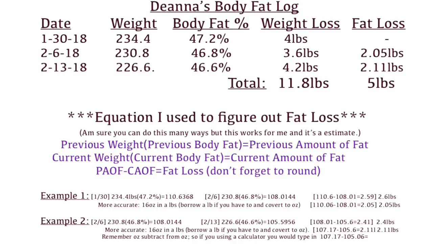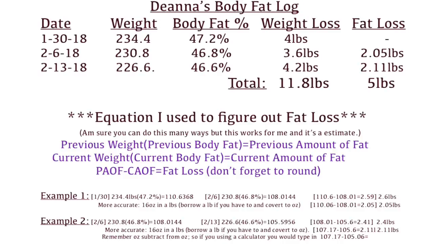Sorry, the train was passing, so I just let it pass because that person loves blowing on the horn. But anyways, you're going to have to borrow from the pound side and take it over to the ounce. So you're going to be borrowing a pound and converting it into 16 ounces.